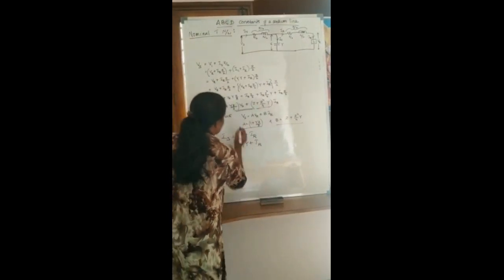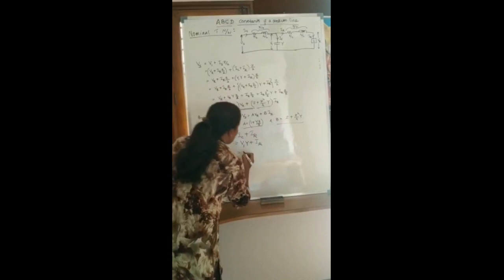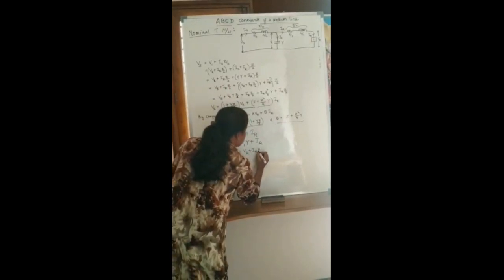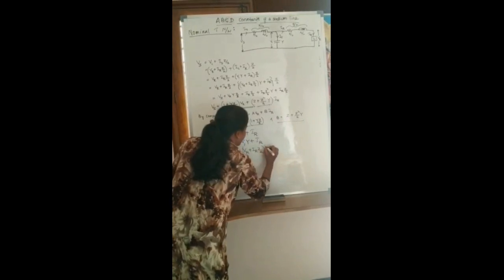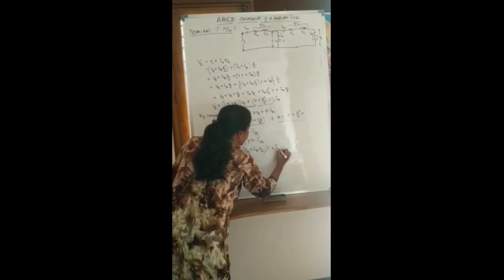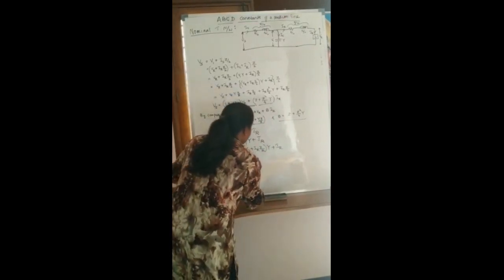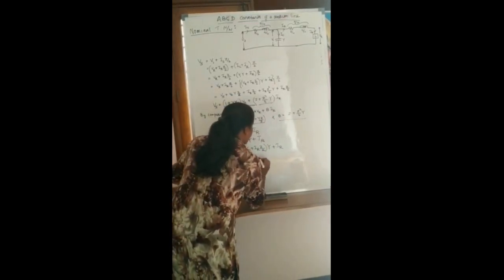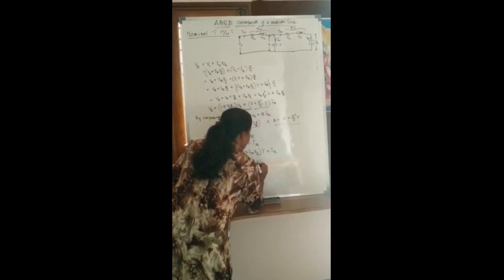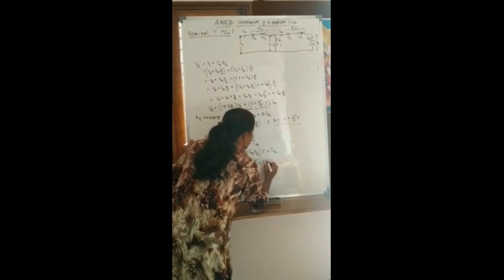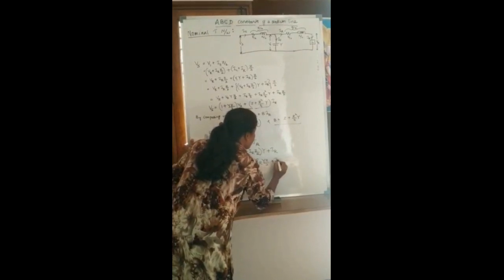Now in place of V1, I can write V1 as also given by VR plus IR into Z by 2, into the admittance, plus IR. Now VR, just separate the term: VR into Y, plus IR YZ by 2 plus IR.